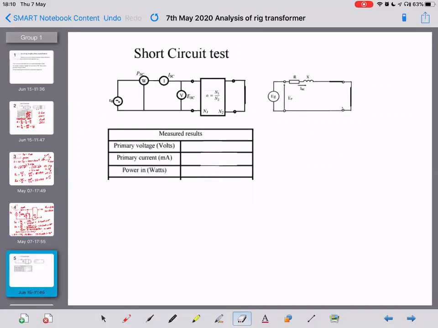Okay. So for the short circuit test on the next page, the data that you want is primary voltage. Remember, we would have to use a much smaller voltage so we didn't overcurrent the transformer. 40 volts was used. IP was 246 milliamps.